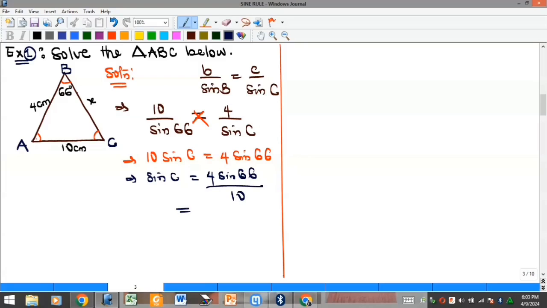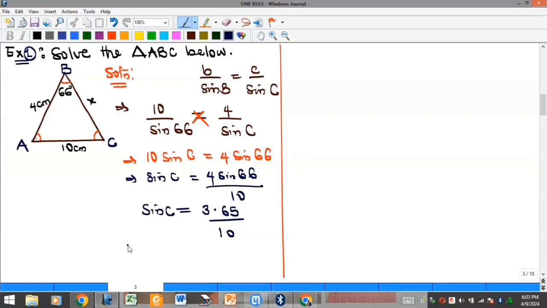And what is sine 66? Of course, we can press it on the calculator. So 4 sine 66 is giving us 3.65 approximately to 2 decimal places, all over 10. And that is our sine C.